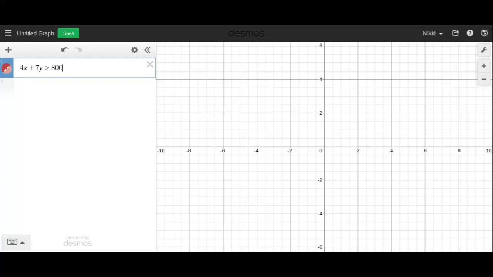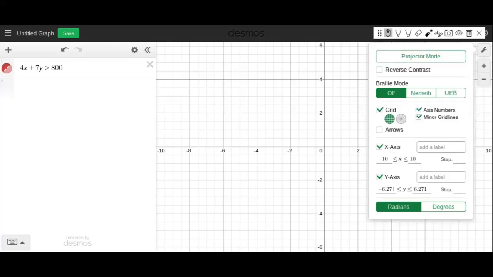The issue is that looking at the Desmos screen, off to the side here, the highest x value is positive 10, the highest y value is positive 6. And if we actually found x and y intercepts, we're looking at numbers in the x case at 200. So what I'm going to do is click on this little wrench button over here, and we can rescale the x and y axis.